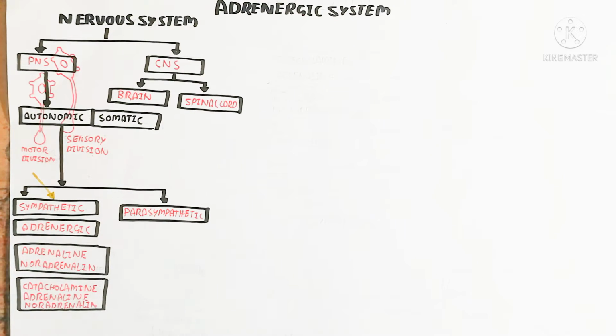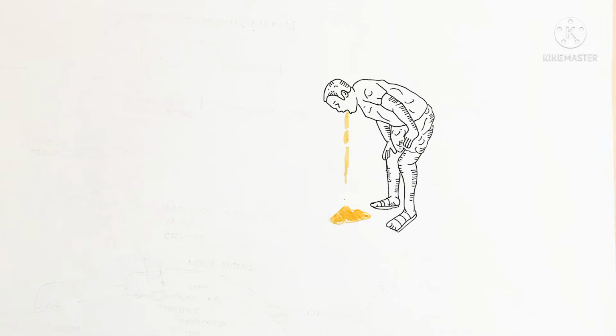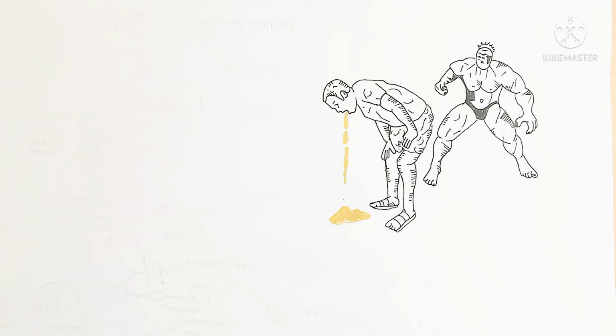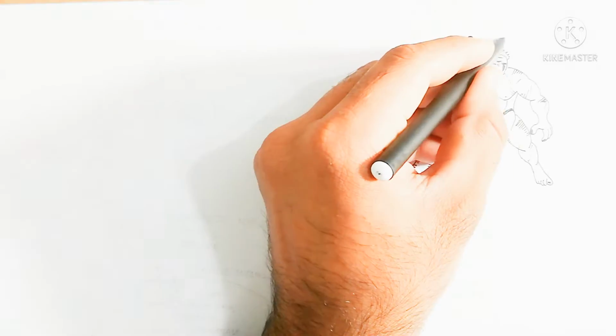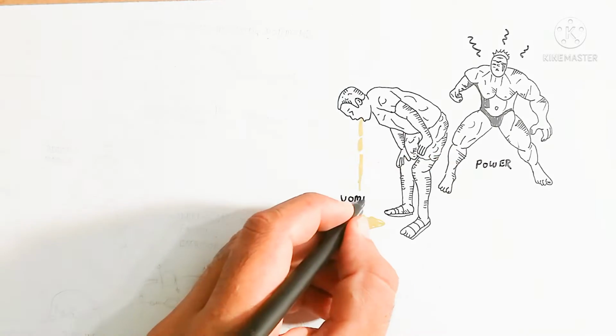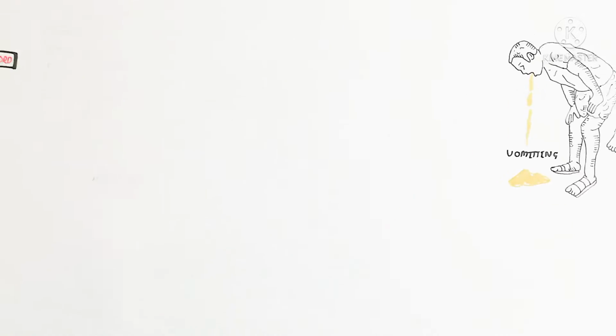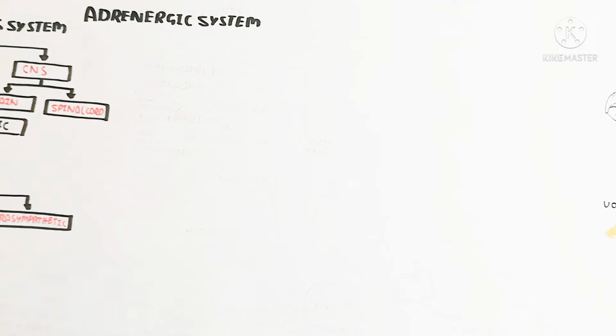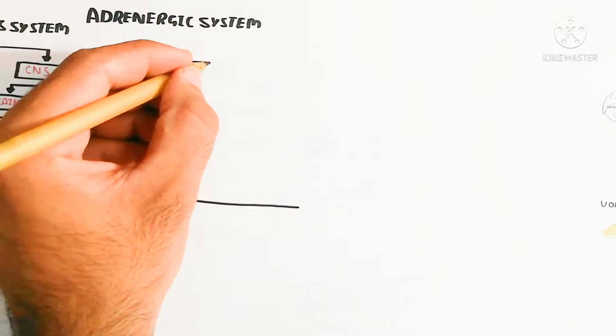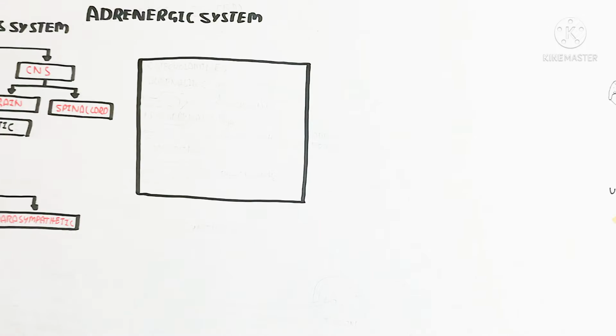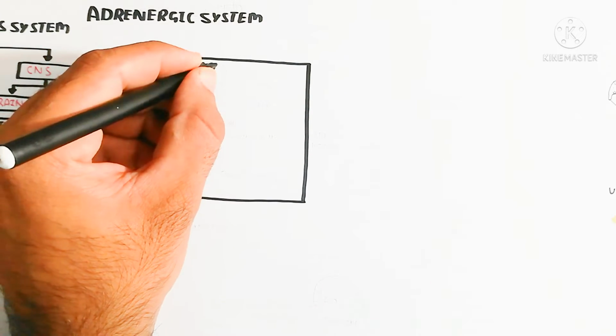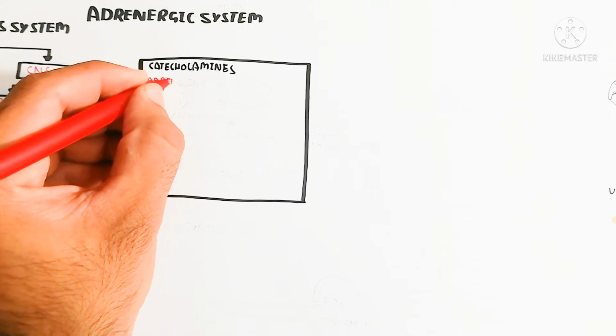But here we will just understand norepinephrine and epinephrine, and basically we will focus on norepinephrine. So the digestion is inhibited and the power is increased by the sympathetic nervous system during the fight and flight response, promoting the activation of power to increase ATP. Let's begin to understand what catecholamines are.